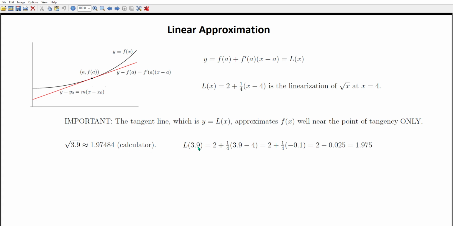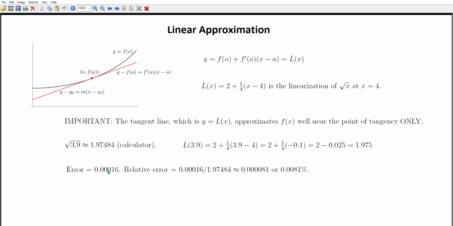L of 3.9, replacing the square root by the linearization, is 2 plus 1/4 times 3.9 minus 4, which is 2 plus 1/4 times minus 0.1, which is 2 minus 0.025, which is 1.975. So the linearization gives us this approximation for the square root of 3.9. And if you look at these two values, you can see it's really good.